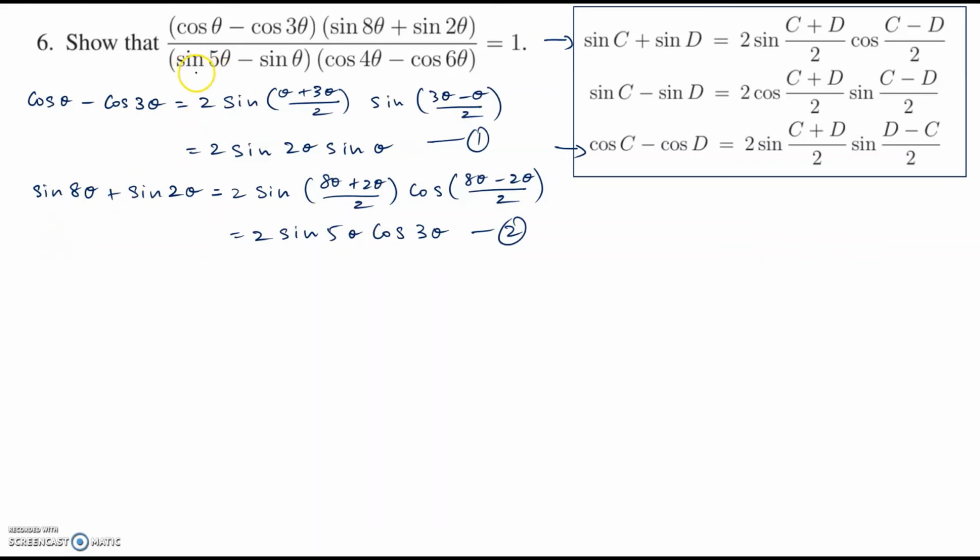Then let's take the third expression here, which is sine 5 theta minus sine theta. Sine 5 theta minus sine theta is equal to, let's use this expression here. So it's 2 times cos (C plus D) divided by 2, so it's (5 theta plus theta) divided by 2, into sine (C minus D) divided by 2, so (5 theta minus theta) divided by 2.